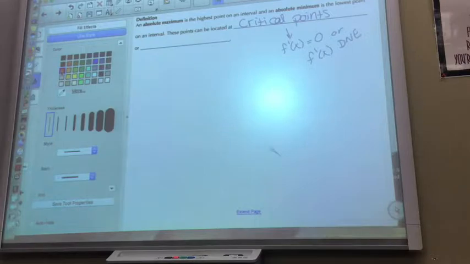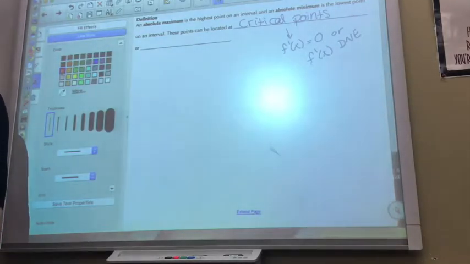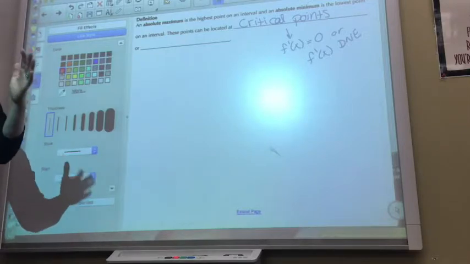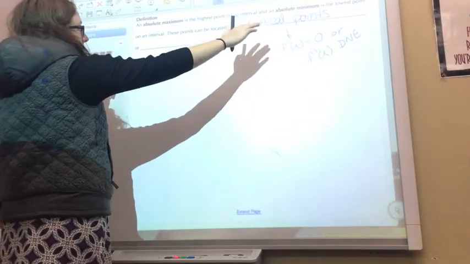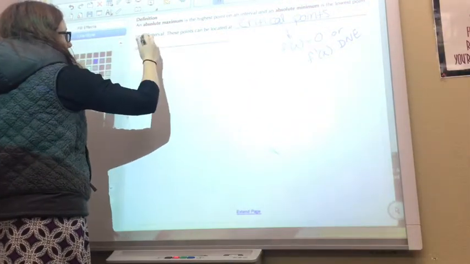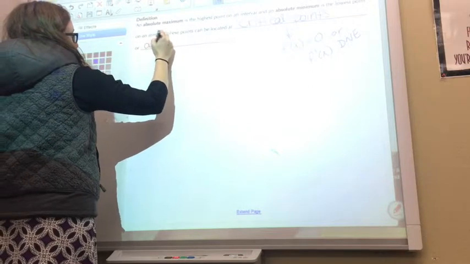And that's where we had the absolute maximum at D. But our absolute minimum wasn't at a critical point. Where was our absolute minimum found? At A, which was what? It was an endpoint on my interval, right? So our absolute maxes and absolute mins can either be located at critical points or at endpoints.